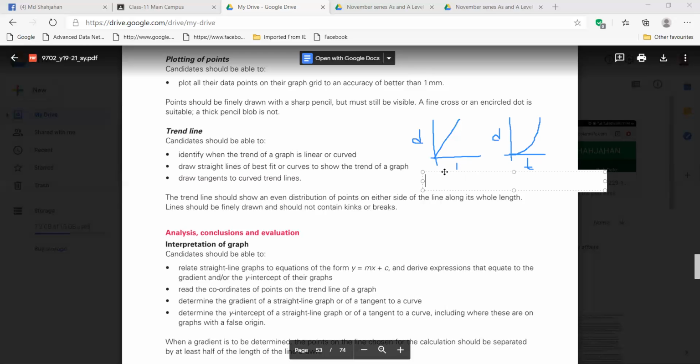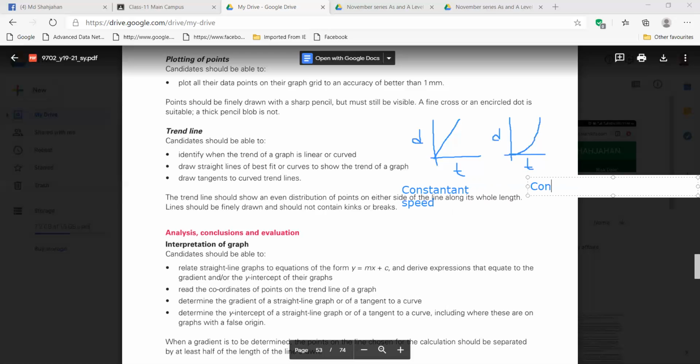The first one is constant speed, right? And the second one is constant acceleration.